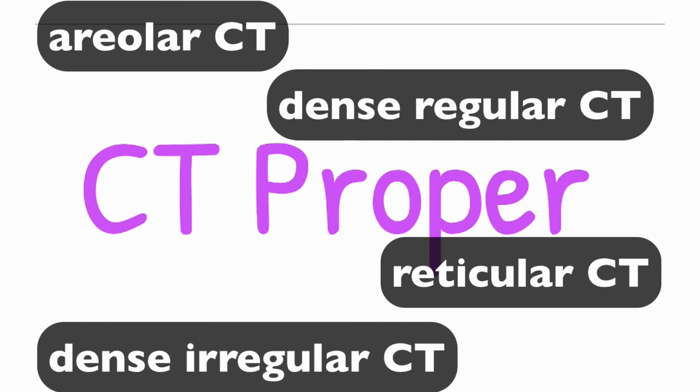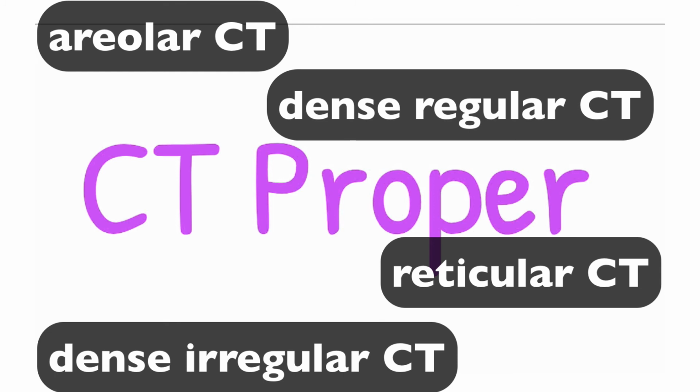There's dense regular connective tissue, which is closely packed collagen fibers running in a specific direction that will help resist stress from predictable directions. And this is what we find in tendons and ligaments. It is why oftentimes people hurt their tendons and ligaments, because the stress is coming from an angle that those fibers are not oriented or suited to resist.